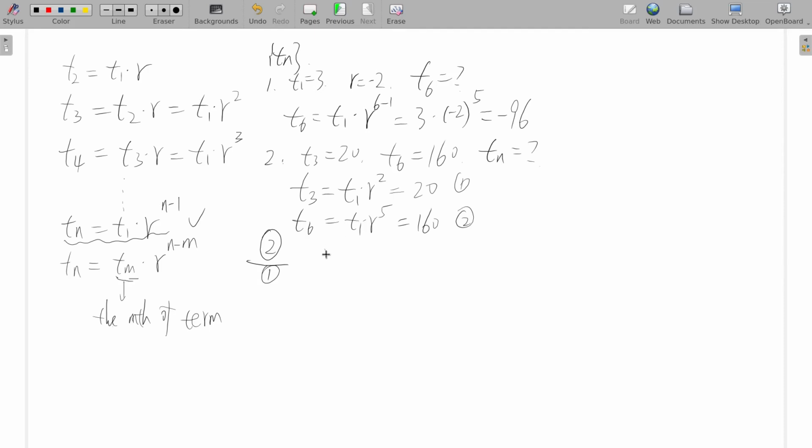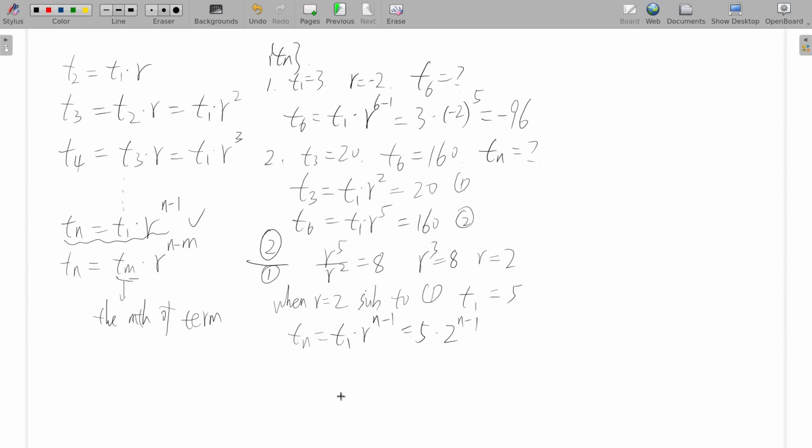So we have r to the power of 5 divided by r squared equals 8. That is r cubed equals 8, so r equals 2. When r equals 2, we substitute into equation 1 and get T1 equals 5. So Tn equals T1 times r to the power of n minus 1, which equals 5 times 2 to the power of n minus 1.